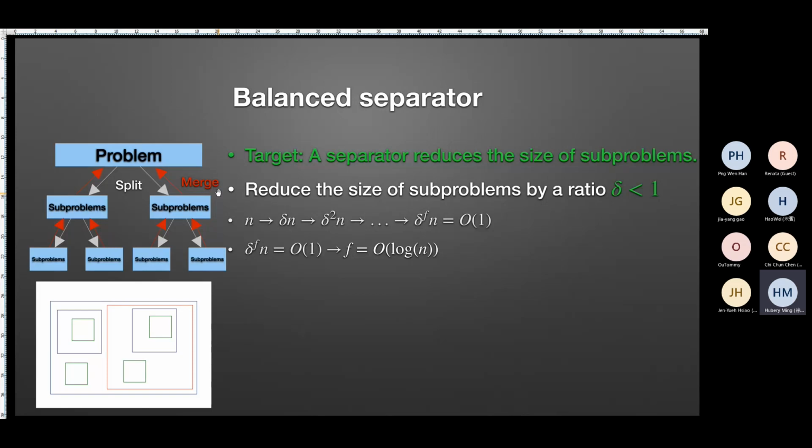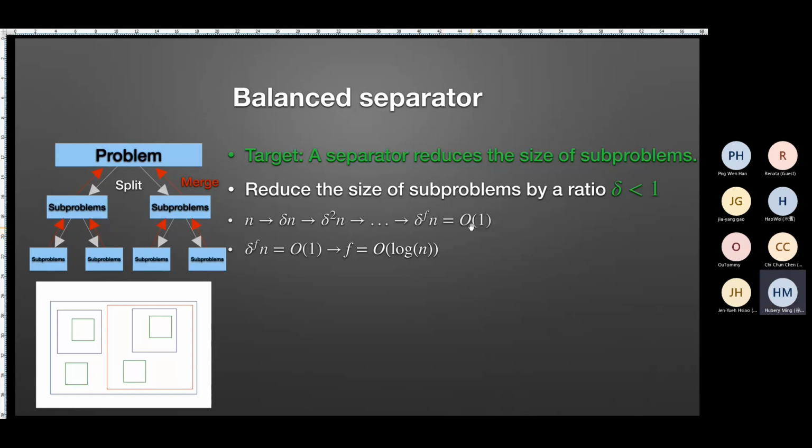the problem. If we have the problem with size n initially, we use the separator to split it into multiple subproblems with size smaller than delta n, and we do it recursively, and in the end, the size of the problem should be in the big O of constants.